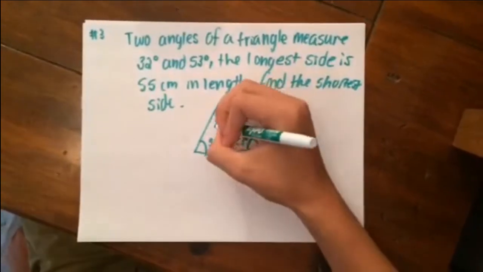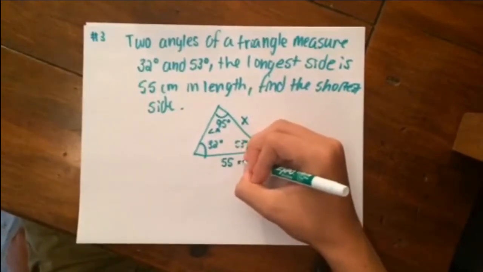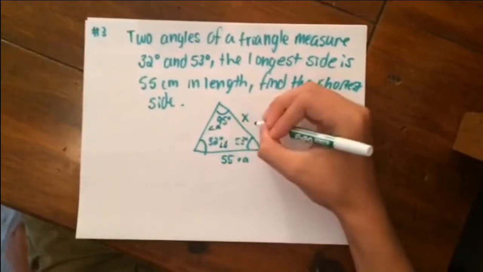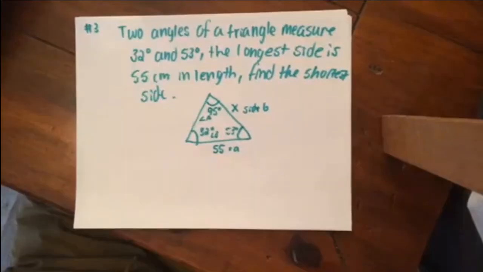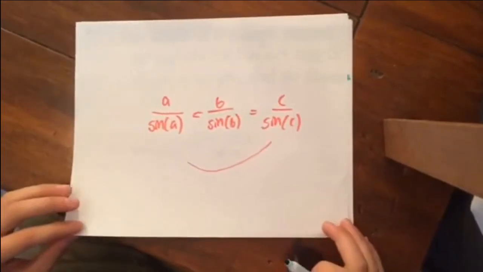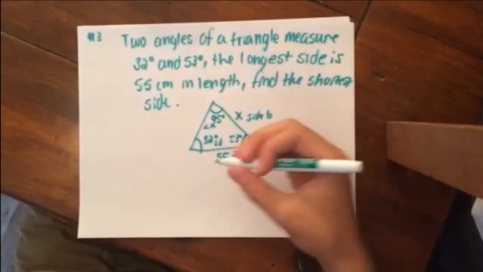This doesn't matter, but let's just make that A, and this equals side A, angle A, then angle B, and then side B. Okay, so once again, just like every other time, we use this formula. So we just plug in what we have here.